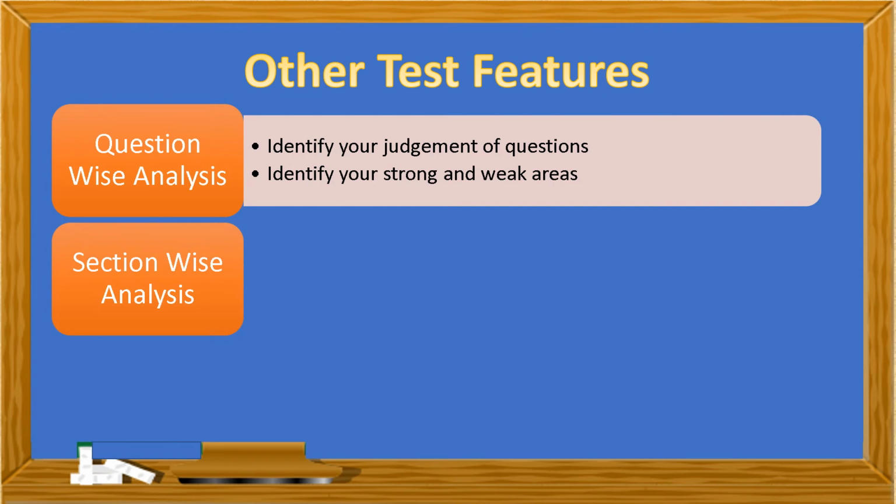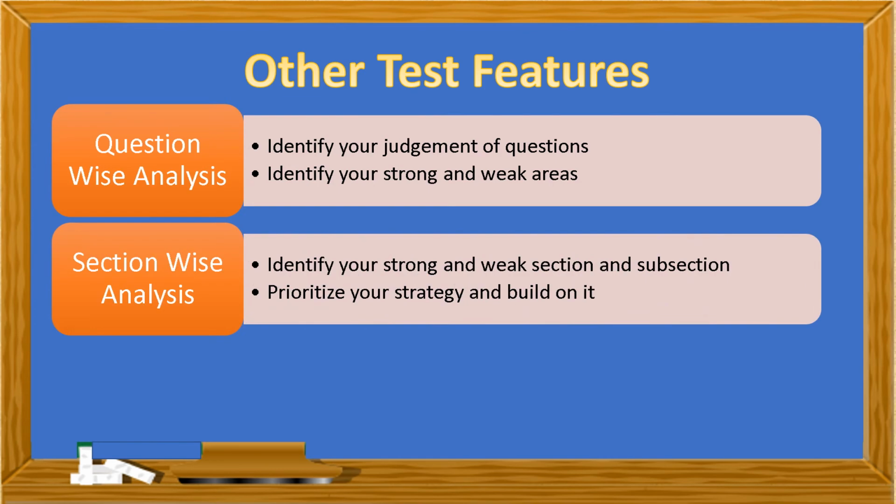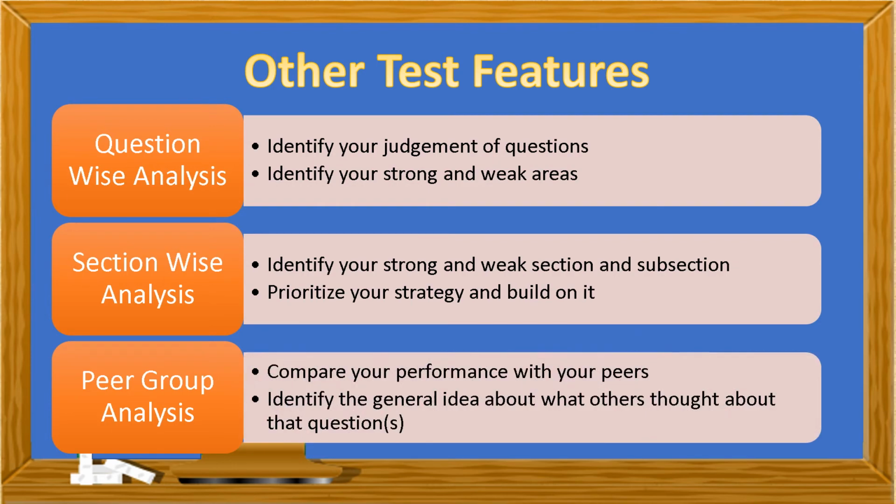Then comes the section-wise analysis. This helps you identify your strong and weak section as well as subsection. Also, it helps you prioritize your strategy and build on it. The last is the peer group analysis. Always remember to compare your performance with your peers and get their insight and general idea about a particular question.